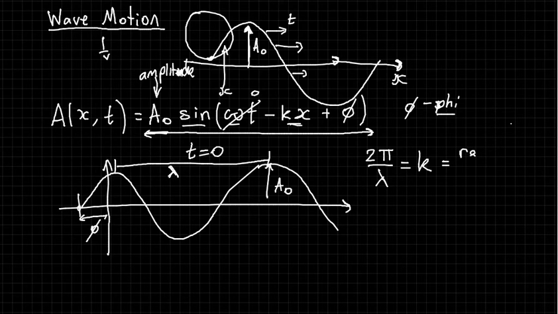And this is our k number, or our wave number, and this describes the radians per meter, because if you look at the units, you've got radians up top because it's converted into radians by this 2 pi factor, and the units of lambda are usually in meters.